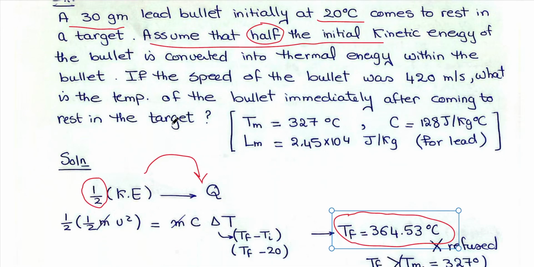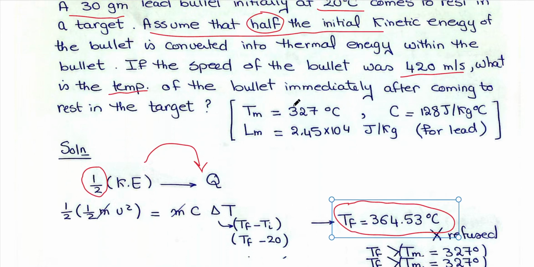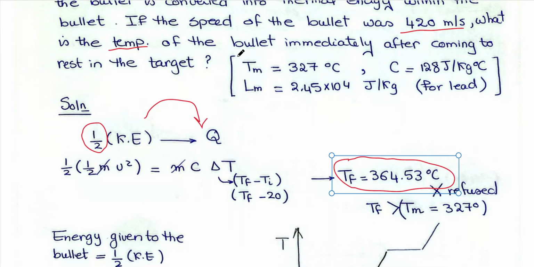If the speed of the bullet was 420 meters per second, what is the temperature after it comes to rest? And it is given all the data you want about the lead bullet. Again, I will think that half the kinetic energy goes to heat energy, and I will put half the kinetic energy, half mv squared equals mc delta T. I will say that T final is unknown and the initial is 20 and calculate T final.